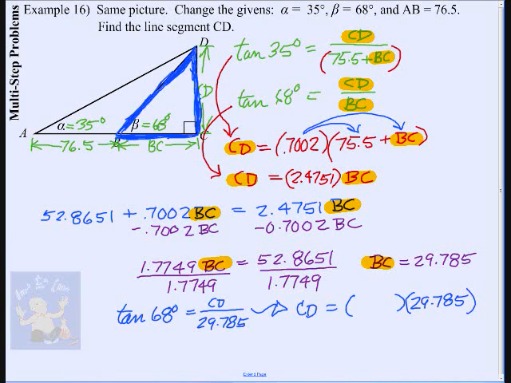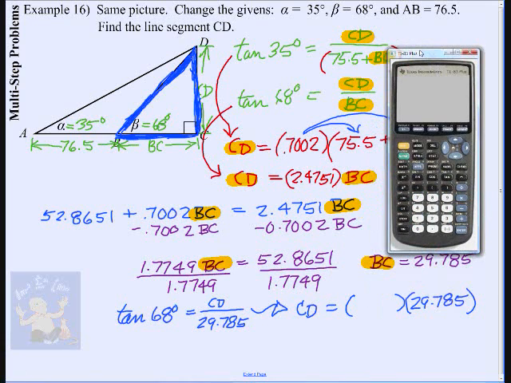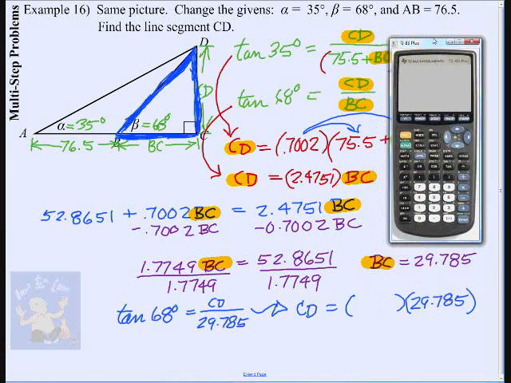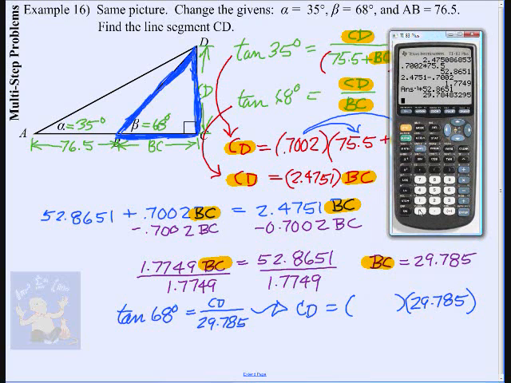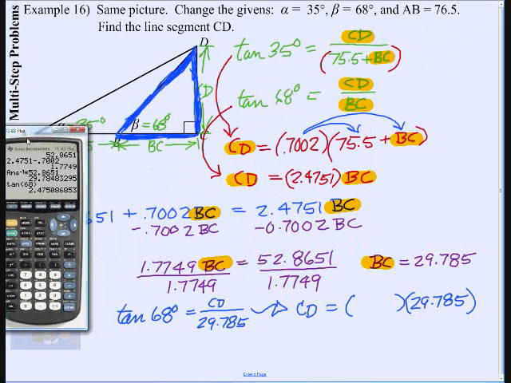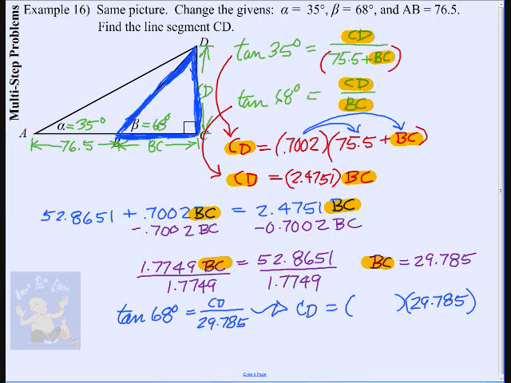This shouldn't take us too long to get now. We're almost there. The tangent of 68 degrees is 2.4751. I didn't have to look that up, it was right there all along.